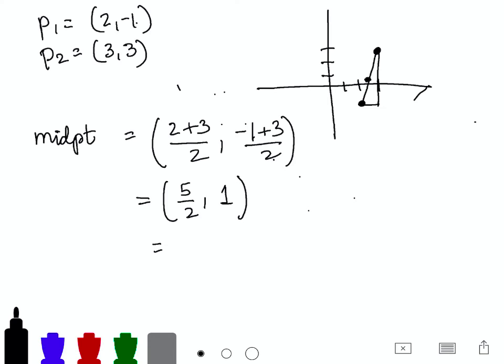Okay, that's 2.5 and 1. And let's see if that looks roughly correct. So here's 1 in the y direction, yes, and here's 2, and this looks like it's about a half. So it's good, when you get your answer, to see if it makes sense in terms of what the triangle looks like, and in this case it does.